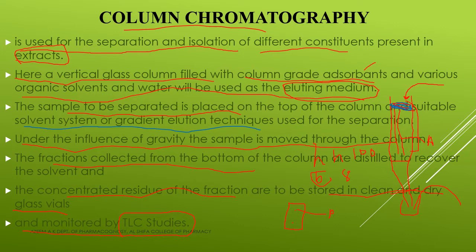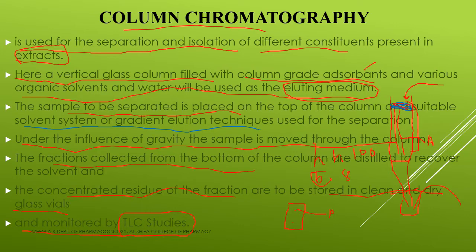And by using various organic solvents as well as water, the elution can be done. So various organic solvents as well as water can be used as the eluting media or mobile phase. So the requirements are a vertical glass column, filled with column grade adsorbents like silica gel G, and then the elution is done using various organic solvents as well as water. That is the mobile phase.